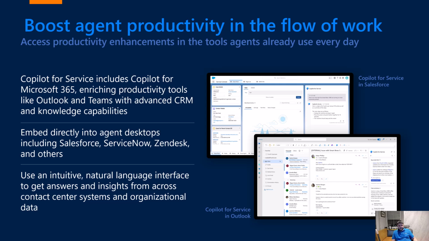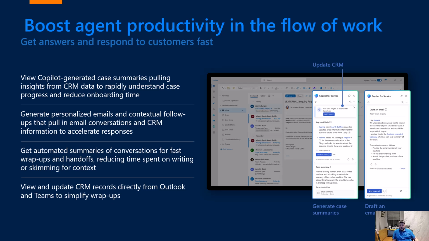On the other side, you have Copilot for Service in Outlook, where he can talk with your database. He can take data. He can suggest some specific emails which you should send to the customers, and he can suggest some basic information about some products where some of your customers could have an issue. And here, in this example, you are seeing possibilities also to update data back to the CRM.